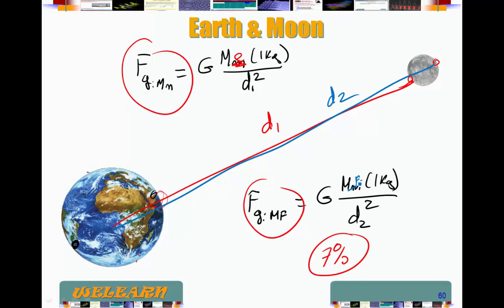The difference is not as drastic in this case. It's about 2% different. But it is the reason why we have one end of the Moon locked towards us. It is the reason why we see only one face of the Moon from the surface of the Earth.